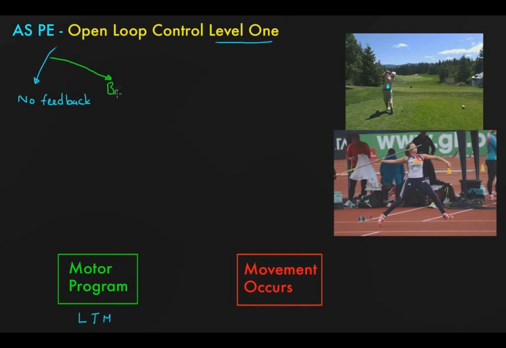It's so fast that it doesn't allow either time or the sensation possible to control and adapt the movement because it's ballistic. So because of that, we also describe this as open loop control. Because it's ballistic, because there's no feedback, we also consider it to be a form of subconscious control.